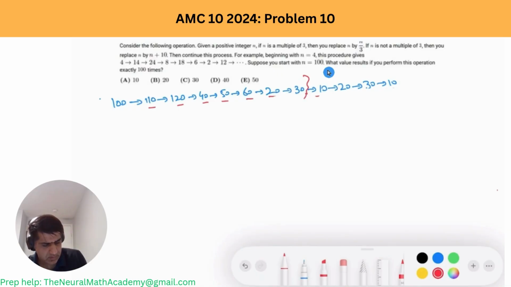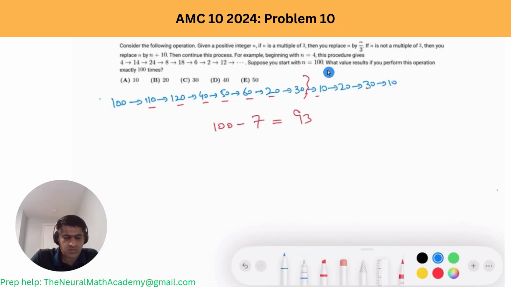So we had 30, and if I apply this operation 3 times, I get 30 again. The total number of times we are asked to apply the operation is 100. So 100 minus 7 is 93. After applying the operation 7 times, I get 30.